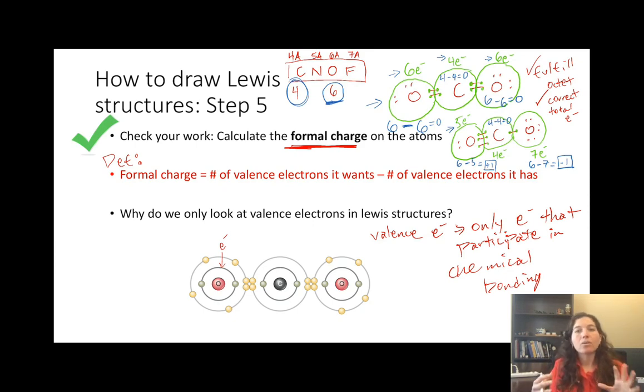So it makes sense that we aren't drawing the center atoms because they aren't reacting. They stay with their atom. They aren't moving around. So these guys don't move. They stay situated with the atom that they're attached to. So only the valence electrons are the ones that are doing the reacting and moving around and whatnot. So that's the only ones that we draw in our Lewis structures. We don't draw those inner 2 electrons.